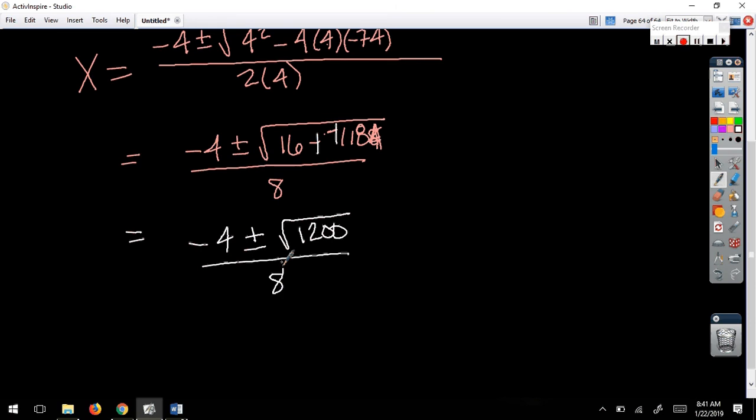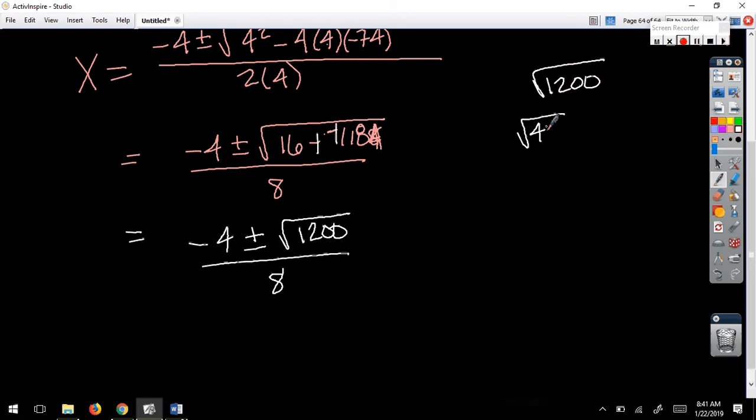At this point, I want to look at that radical and say, can I simplify it? I know I definitely can simplify it some. What's a perfect square that you can take out of there? Let's come over to the side. Square root of 1,200. I know 100 will come out, and square root of 100 is 10, but I'm going to say something bigger could come out since 12 could also be broken down. 400 is going to come out.